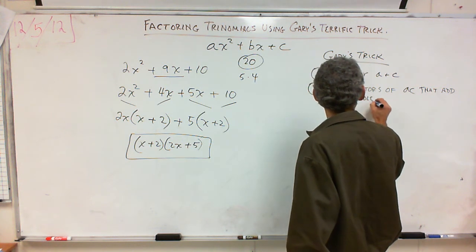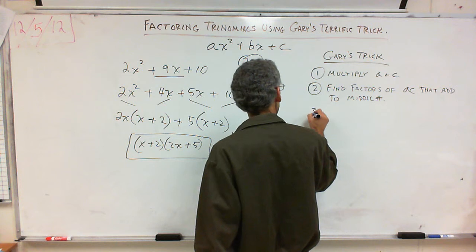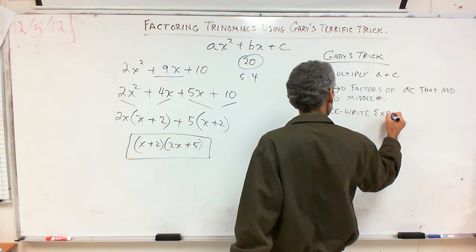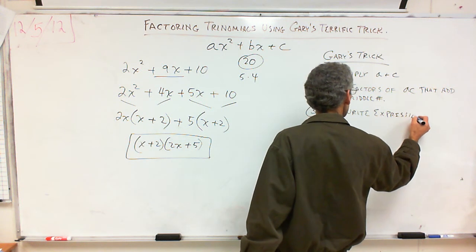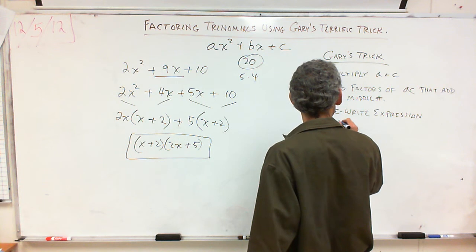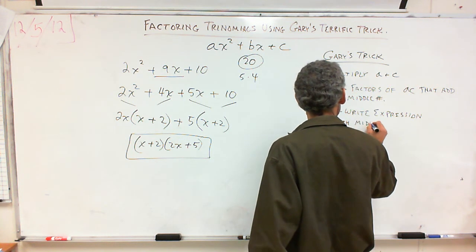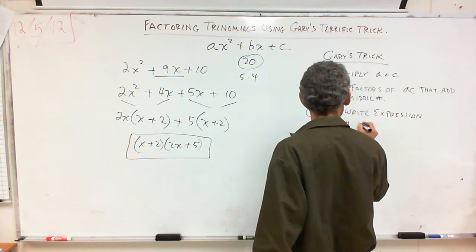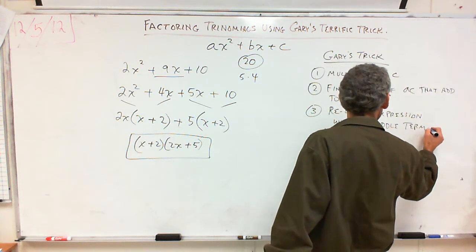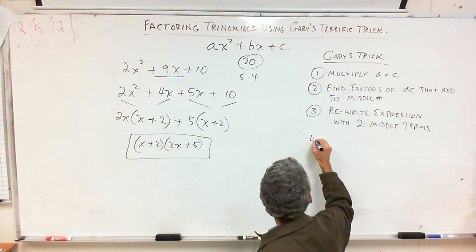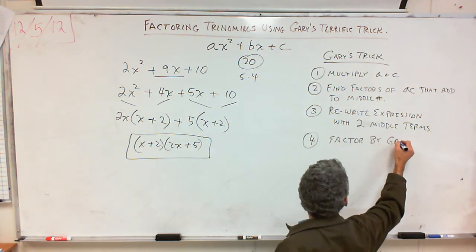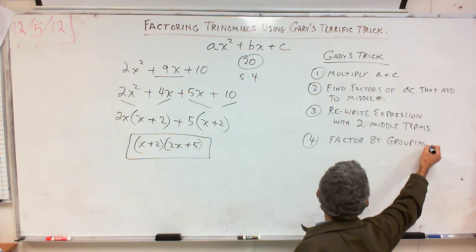Three, rewrite the expression with the middle term as two middle terms. Can I say that? I don't know how to say this quickly and easily, but I think you get the idea. And then four, factor by grouping. It really is useful.